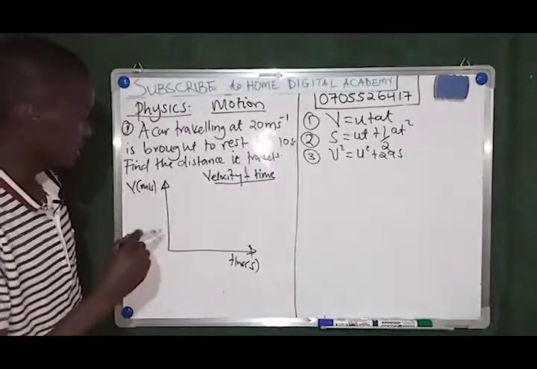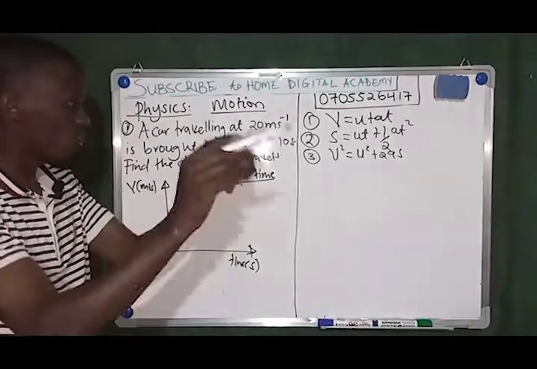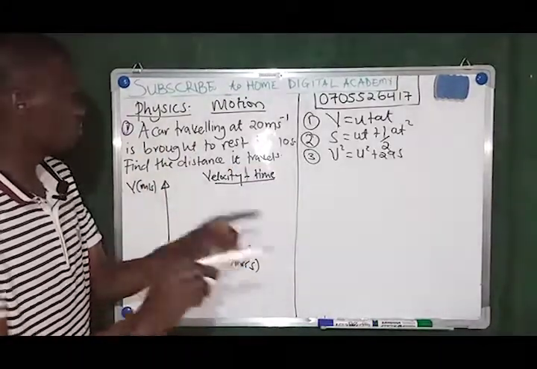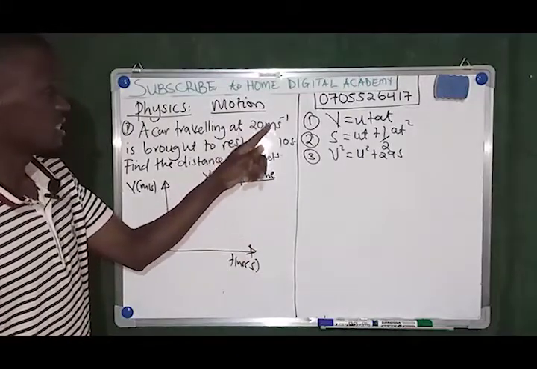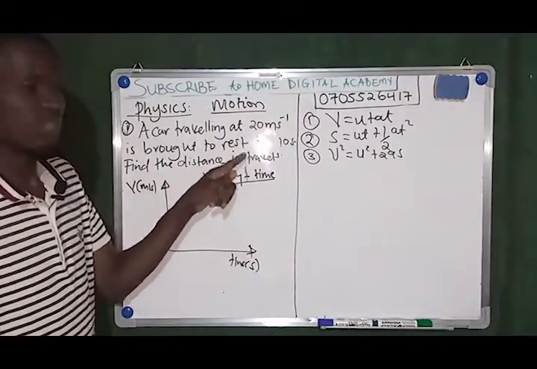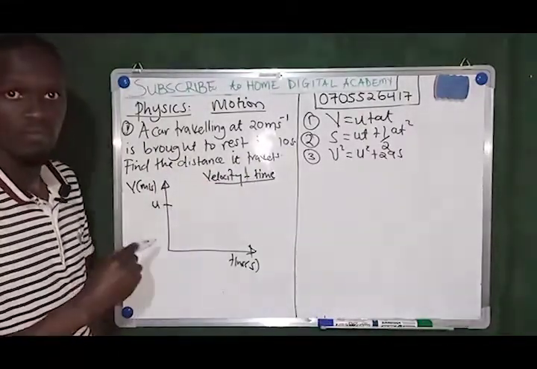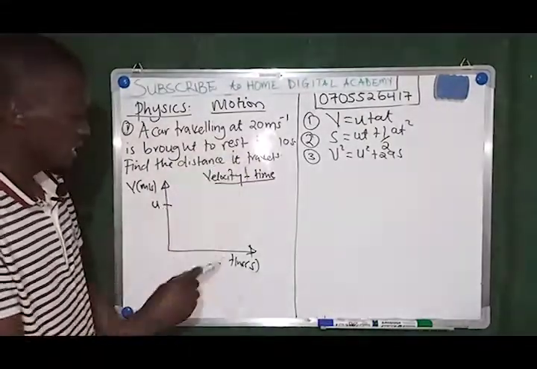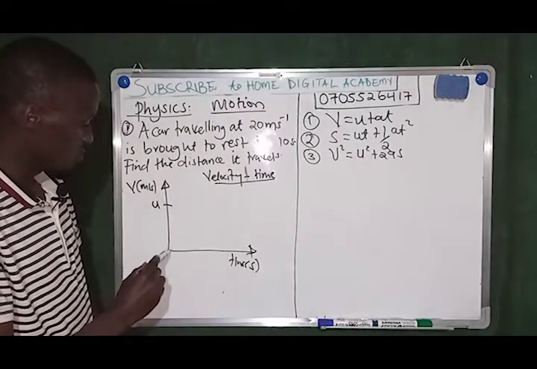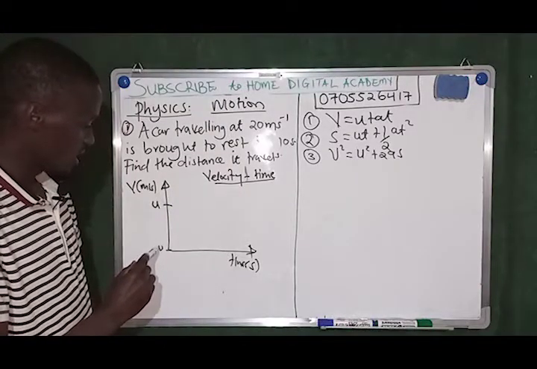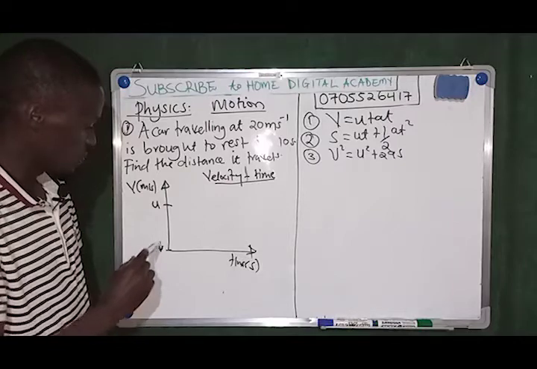Meters per second. Now they are saying that a car was traveling at this speed and was brought to rest, meaning that initially the car was traveling, so this becomes our U, and brought to rest. Finally the car was brought to zero. The V is down here.